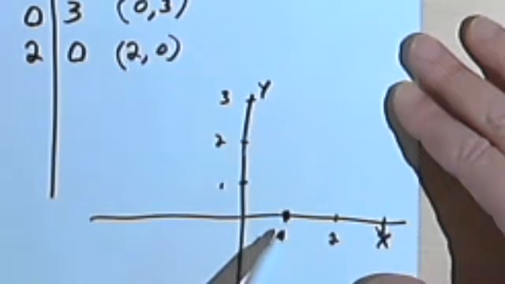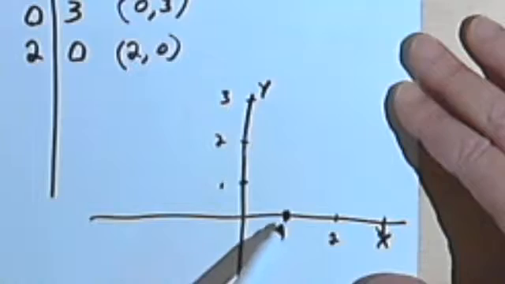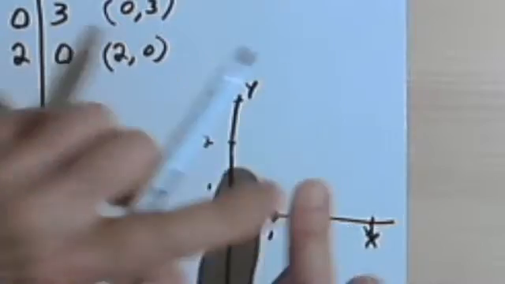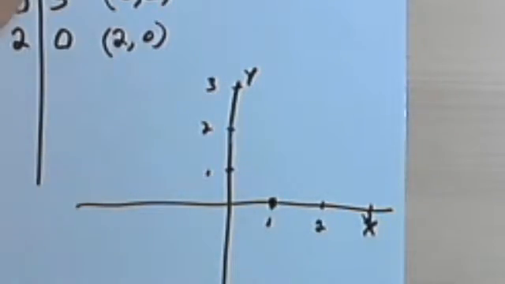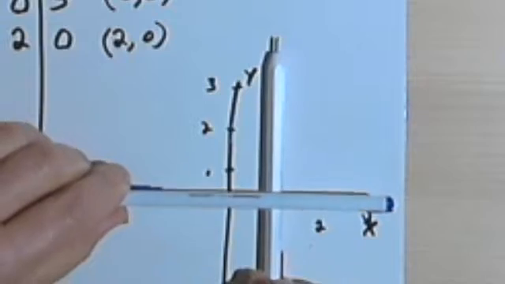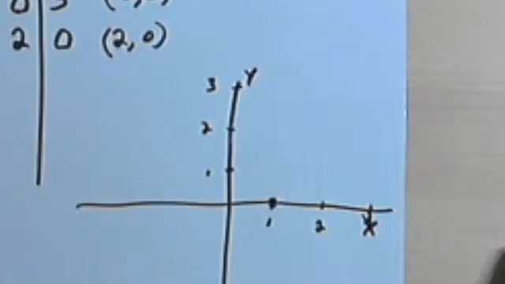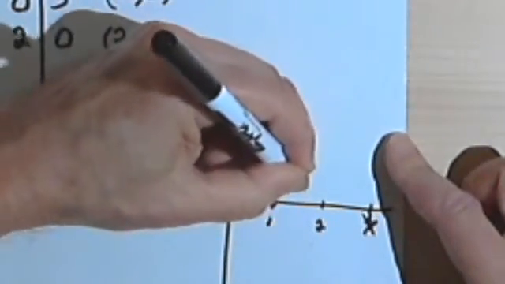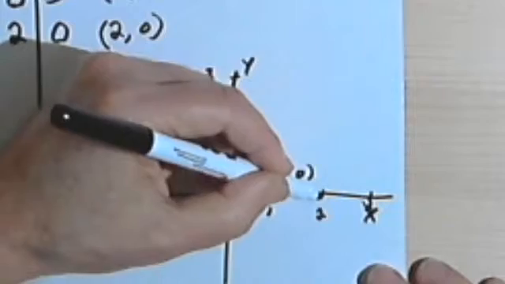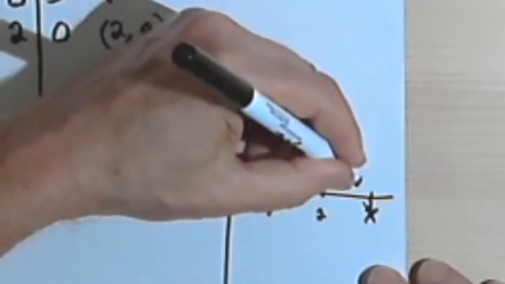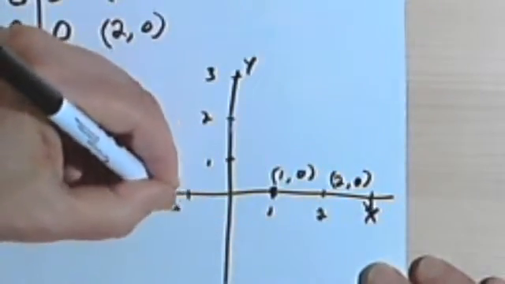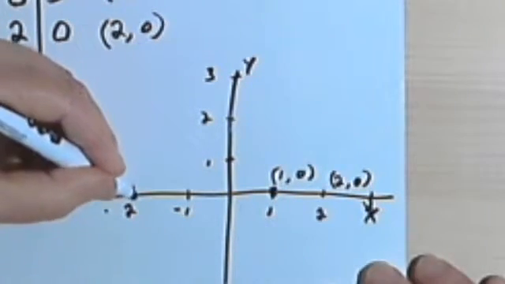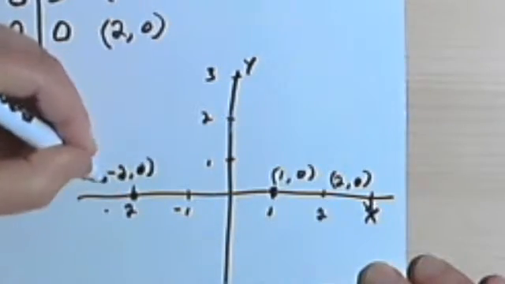This point here is when x is 1 and y is 0, so I'm right on the x-axis. This point here is (1, 0). This point over here would be (2, 0). If I go down to negative numbers, let's go down to -2, this point here is (-2, 0).